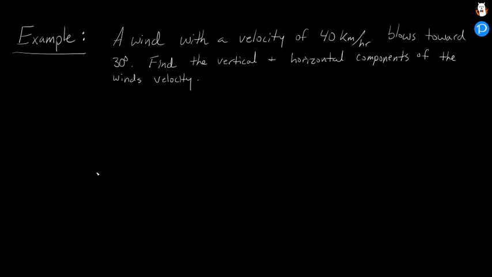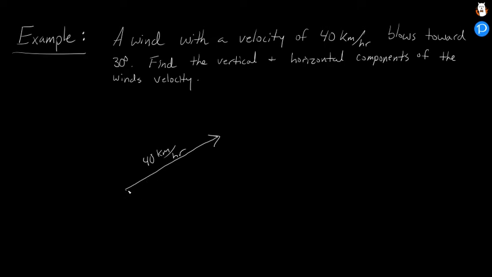So we'll draw our velocity, so our velocity of 40 kilometers per hour, and it's 30 degrees above the horizontal.